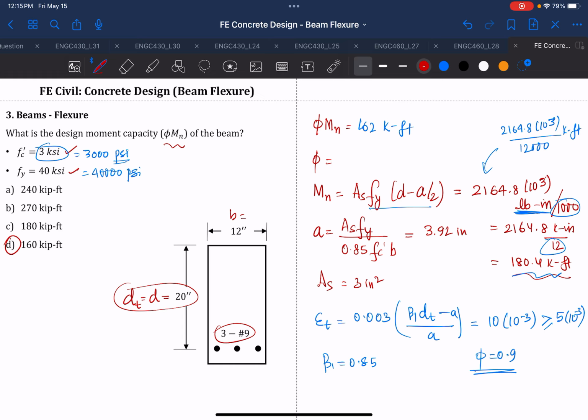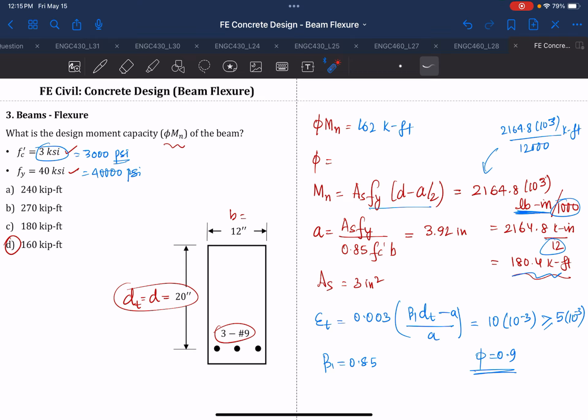Okay, and you'll see that one thing about the FE exam is you also can get 180 kips feet. If you have selected C, your answer would have been wrong, because option C is Mn, which is your nominal moment capacity. And the nominal moment capacity is the maximum moment that your material can resist.